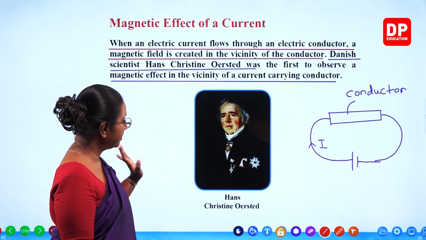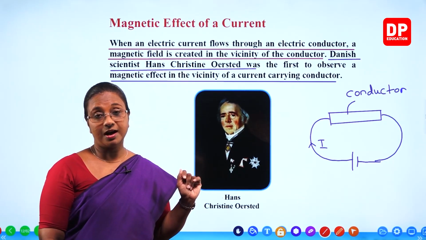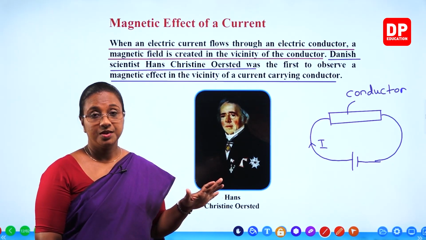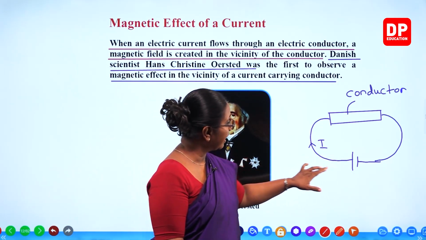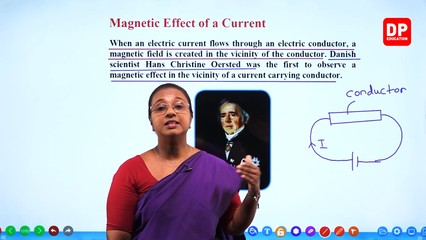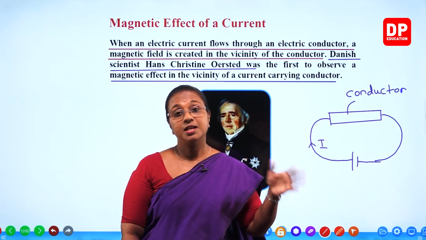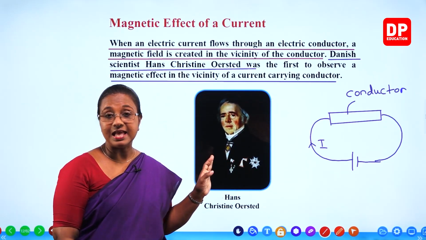So that is, when you supply current through a conductor, in the vicinity of the conductor there will be a magnetic field generated. Now we will try to understand that as well.